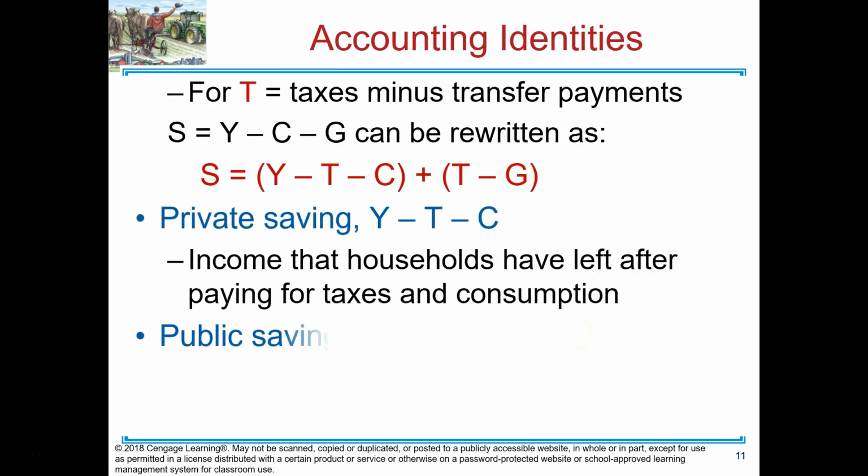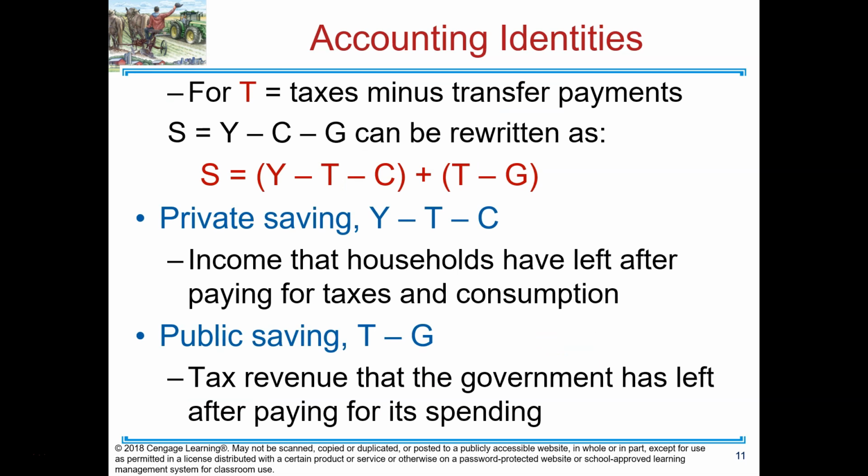So if we assume that T is the total taxes in the country, we can add and subtract taxes in the previous equation. So we'll be left with savings equals (Y minus T minus C) plus (T minus G). All we are doing here is adding taxes here and then subtracting taxes here. And now this component, Y minus T minus C, is the private saving. Why is it private saving?